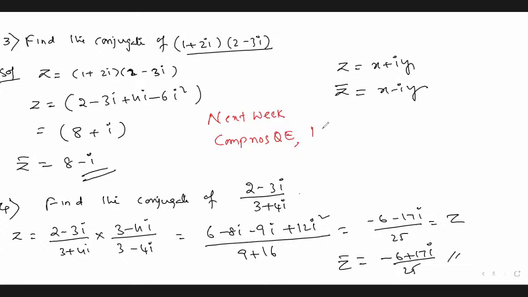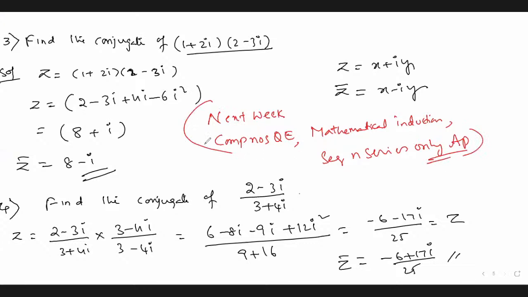After that, mathematical induction. This is a very easy chapter; through verification you can do. And afterwards, sequences and series, only AP series up to AP. So this is the next week syllabus.